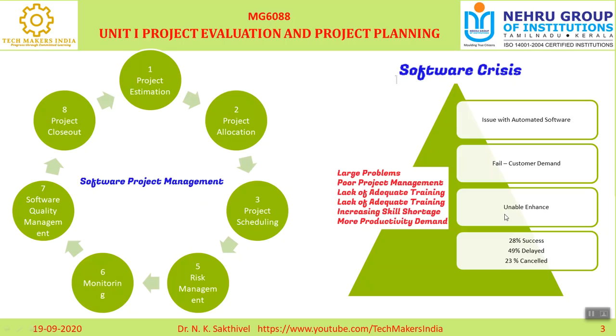As far as software project management is concerned, 23% of projects assigned to the industry or developers to develop are cancelled. Please understand, 23% of projects assigned for development are cancelled. We do not know the reason, because of lack of a software project management schedule.